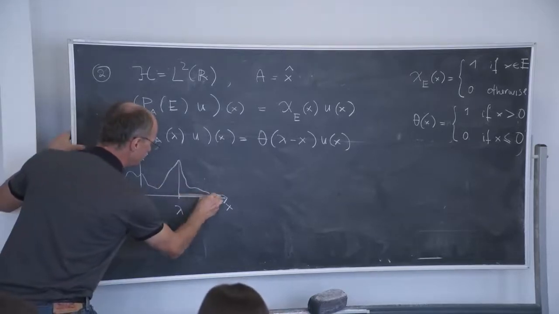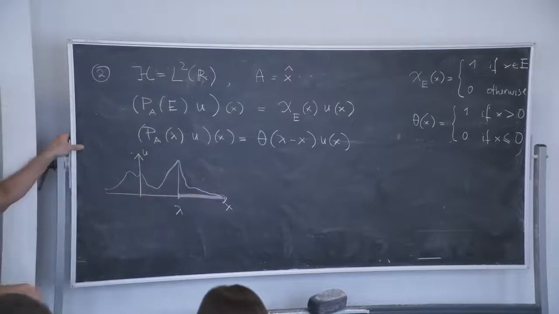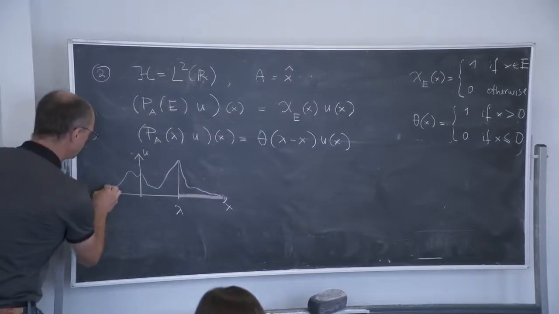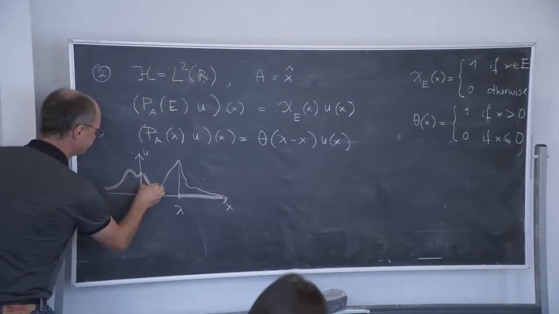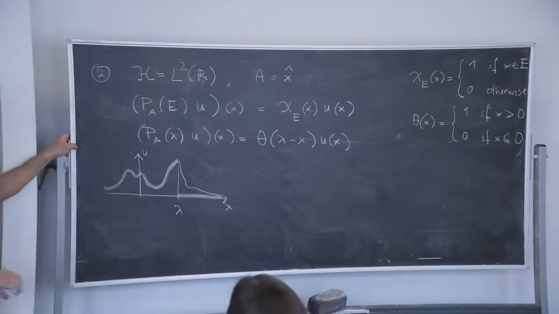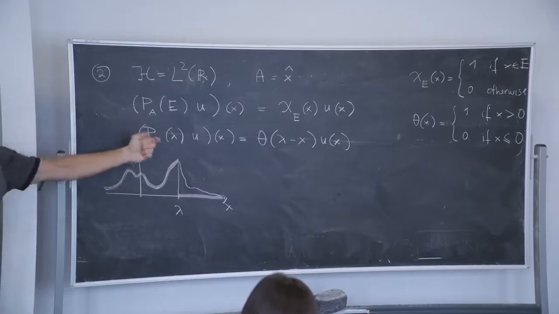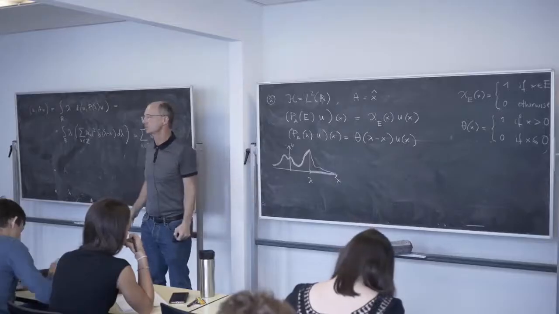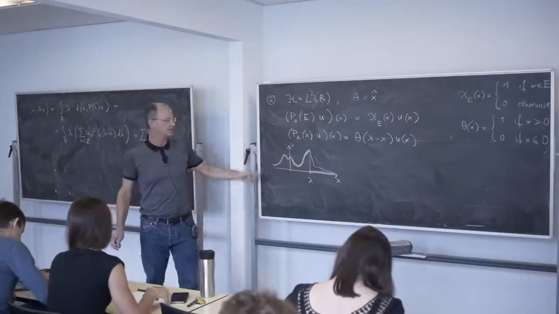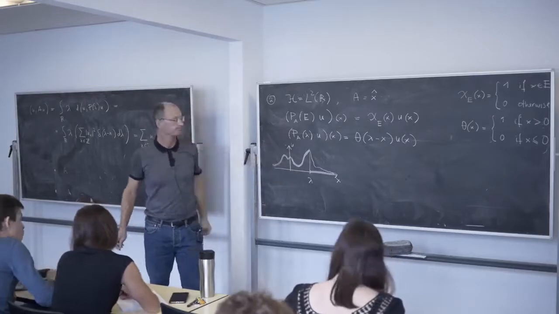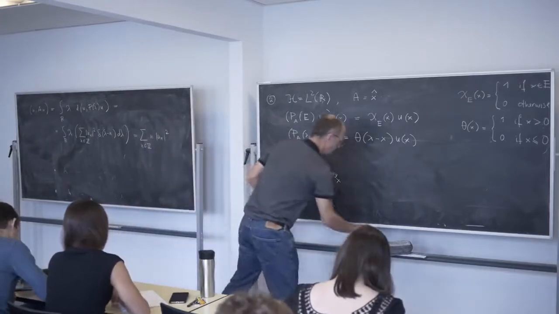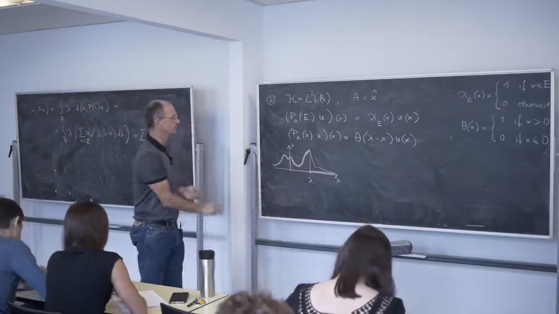It will be 0 for x bigger than lambda, and here I simply copy the graph. Clearly it defines a bounded operator. One should check that this is indeed a self-adjoint projection. Okay, very good.